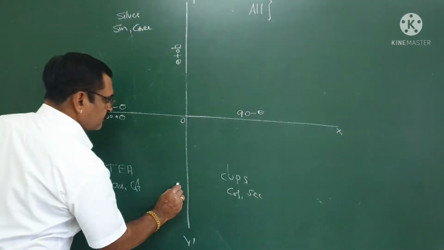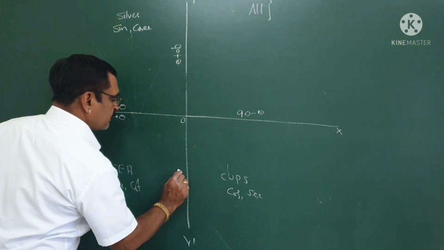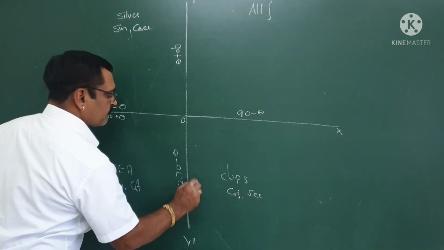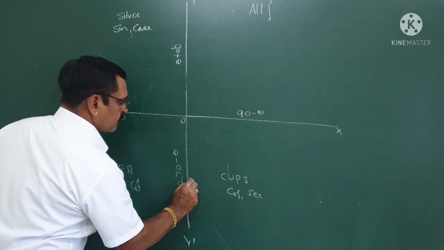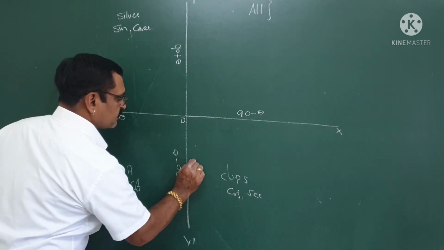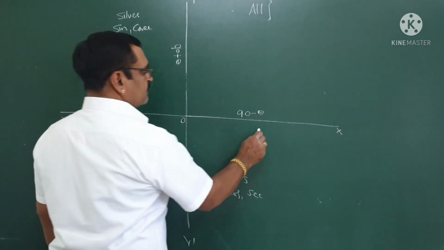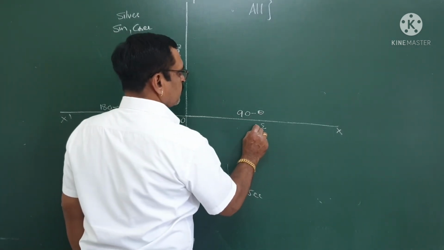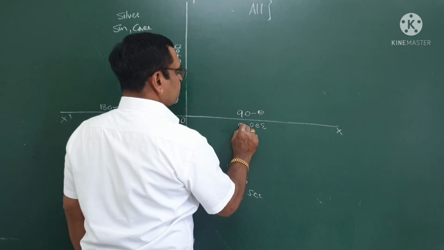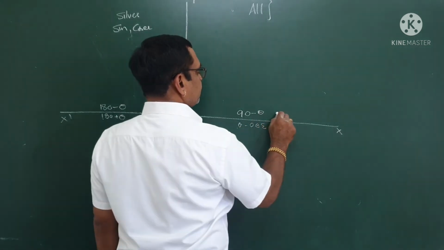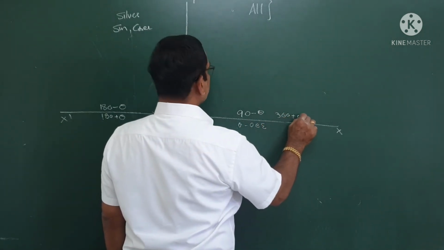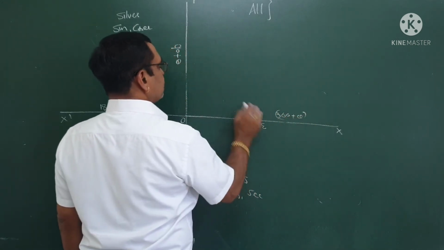And of course, this is 270 minus theta, and this is 270 plus theta. Whereas this is 360 minus theta, and of course this is 360 plus theta.